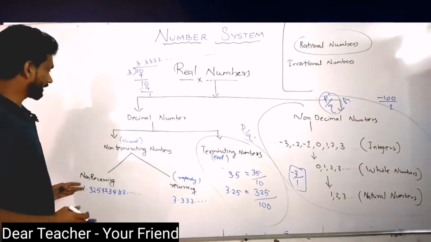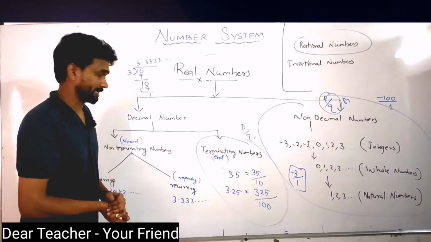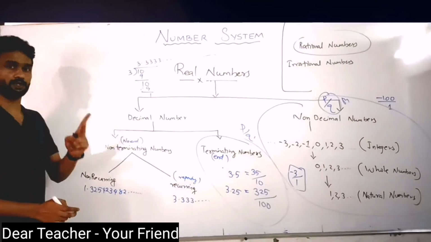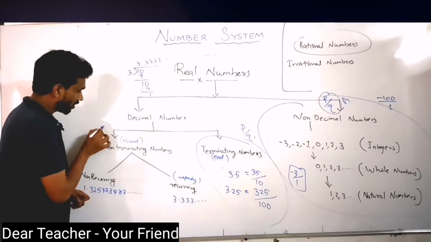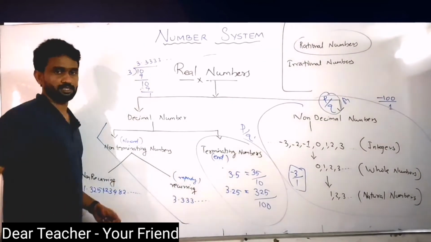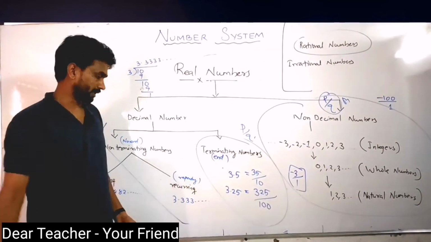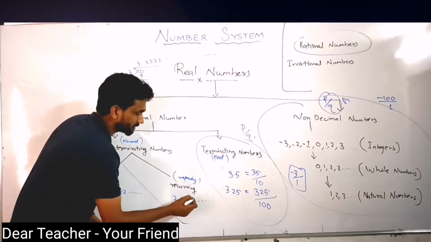Now we have another category. What is that? Non-terminating numbers. In non-terminating numbers, there are two types: non-recurring and recurring. We can see non-terminating and recurring first. Look at this, 3.3333.